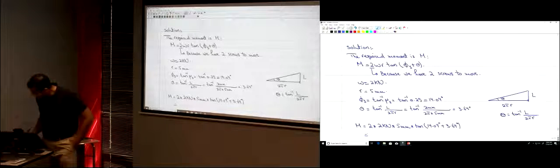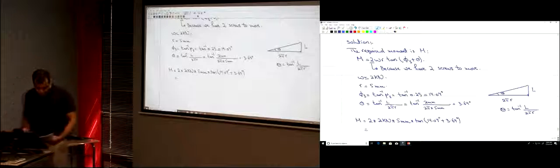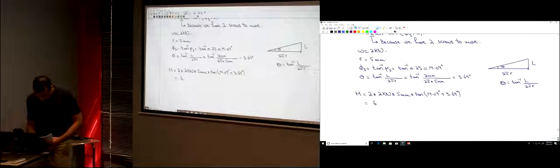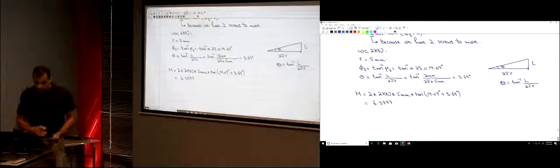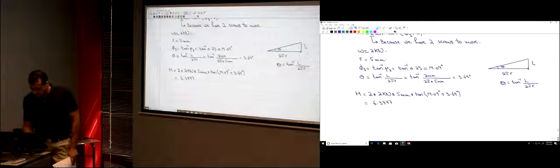So plugging the numbers here, we're going to get the moment equal to 6.3747. What's the units? Kilonewtons by millimeter.